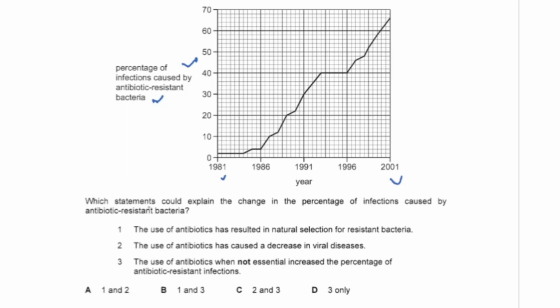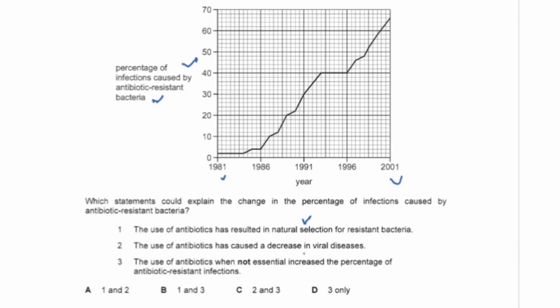Looking at it clearly, the use of antibiotics has resulted in natural selection for resistant bacteria. You must know what natural selection means. The ability of these bacteria now to become immune or to develop what we call resistance. They are able to resist the effect of these antibiotics. So let's see if that is correct.